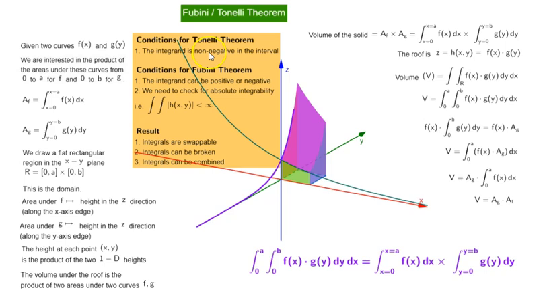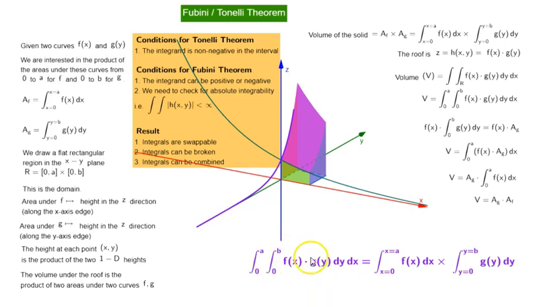What does this let us do? It lets us change the order in which we integrate. That means we can swap the integrals. Here, the inner integral is with respect to y and the outer one is with respect to x. We can actually change the order.